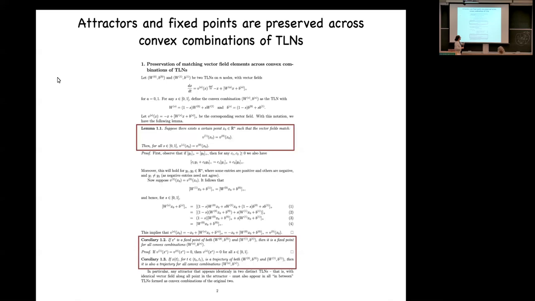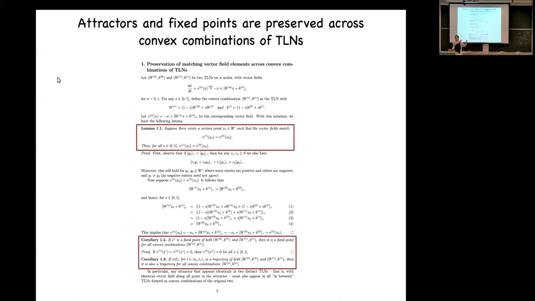It turns out there's a little lemma that's not hard to prove, which says that if you have 2 TLNs where at some point in the state space they have exactly the same value for the vector, so each TLN defines a vector field, there's some point here and the analogous point here with the same x values where the vector is the same, then it's going to be the same everywhere along the convex hull of those 2 networks.